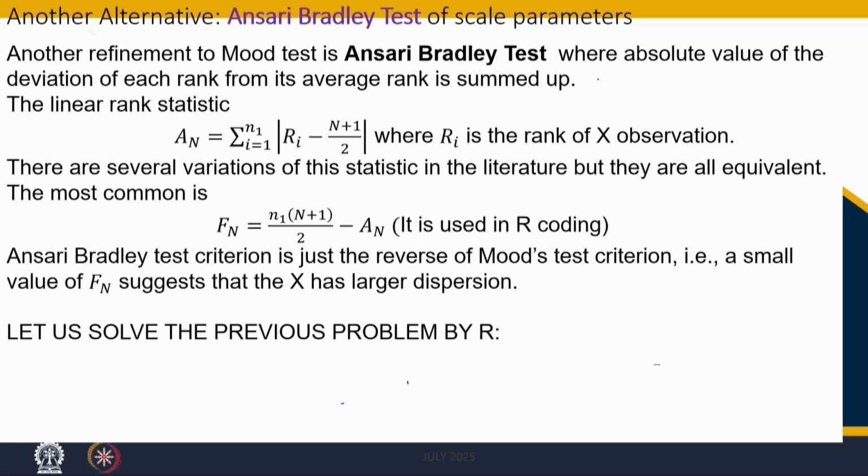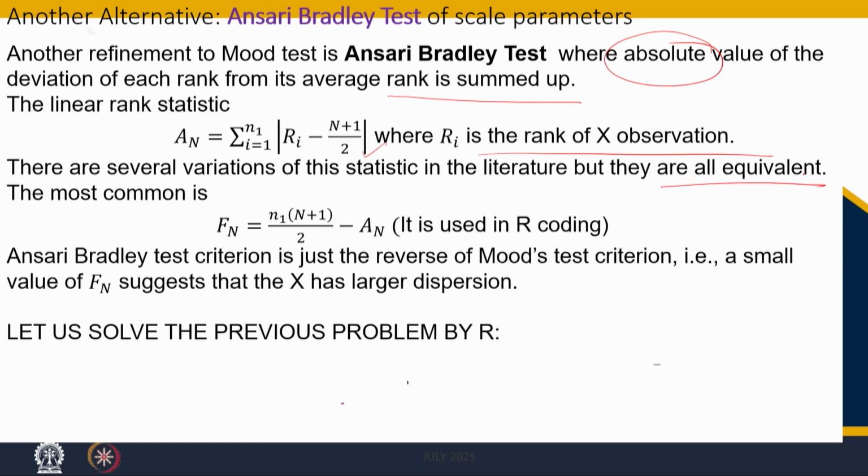In the Ansari-Bradley test, the absolute value of the deviation of each rank from its average rank is summed up, so the absolute deviation is considered. So summation of modulus of Ri minus (n plus 1) by 2, where Ri is the rank of the X observation. There are several variations of these statistics in the literature, but they are all equivalent.